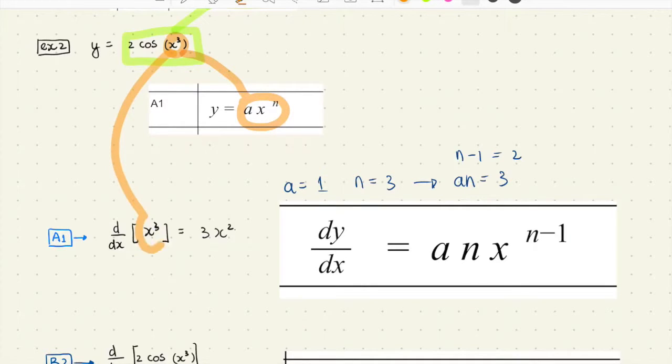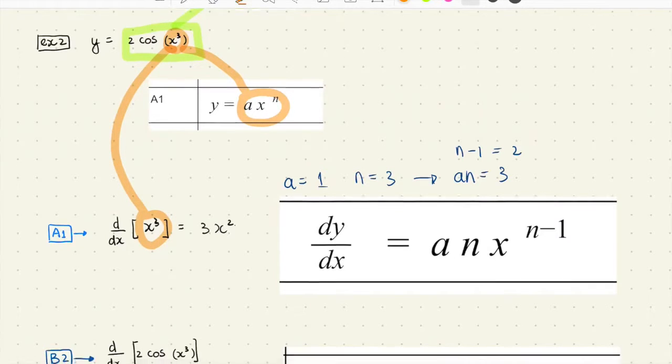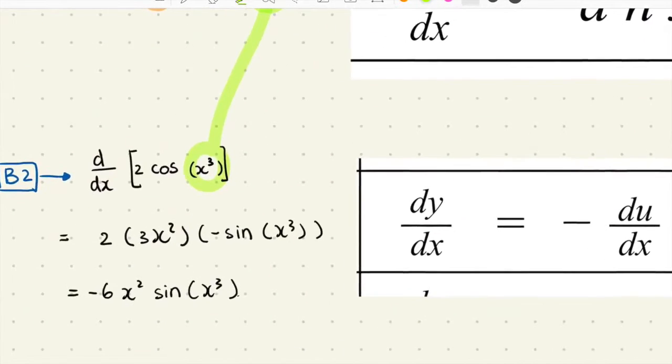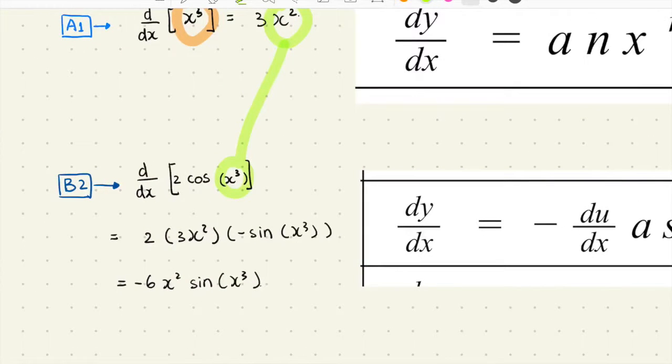Right, so d/dx of x cubed is 3x squared. And this 3x squared is used for the next part of the answer. d/dx of 2 cosine x cubed simply means dy/dx, because y equals 2 cosine x cubed.